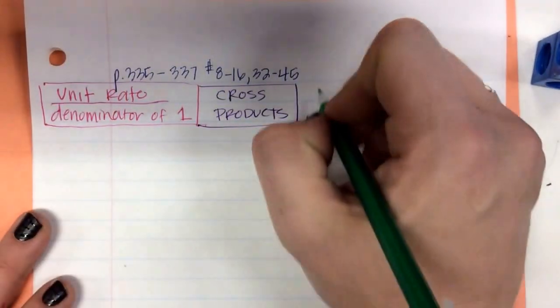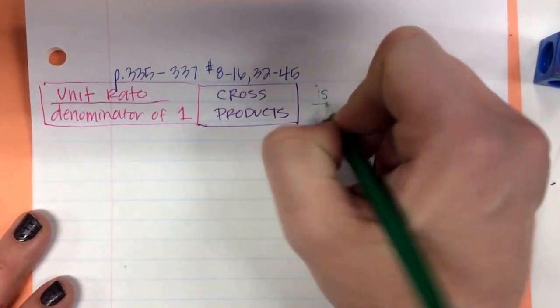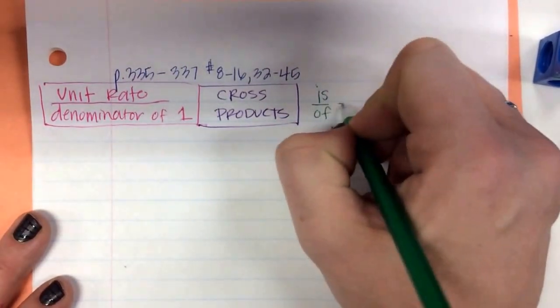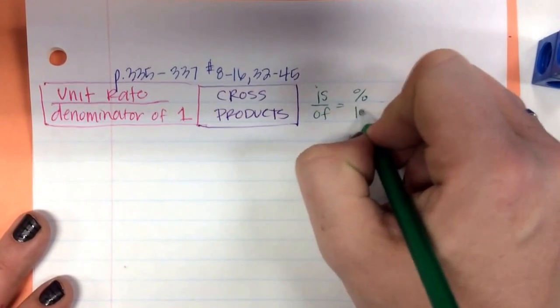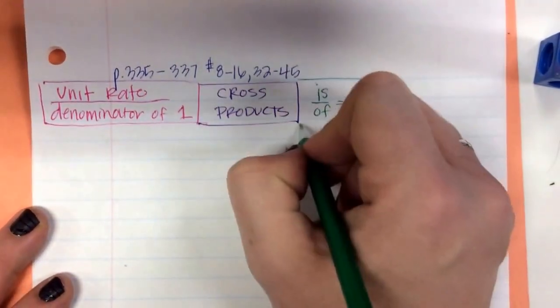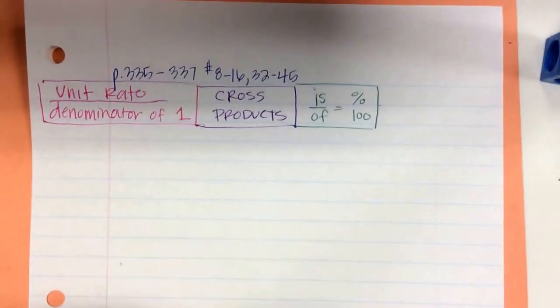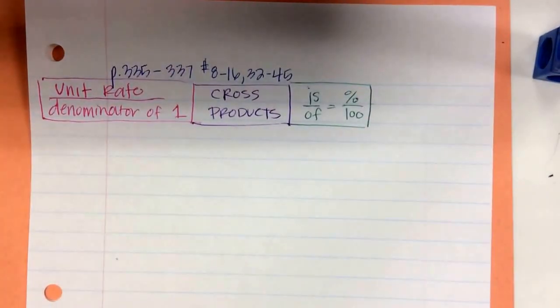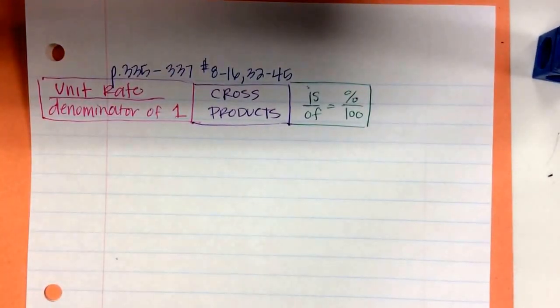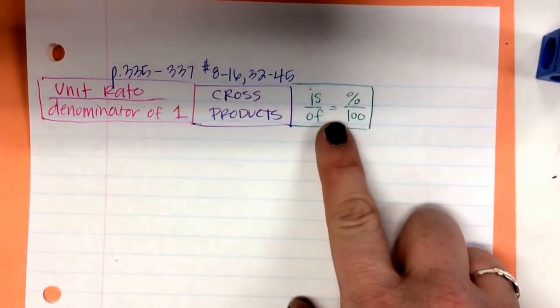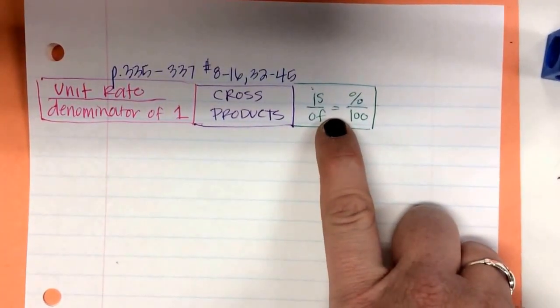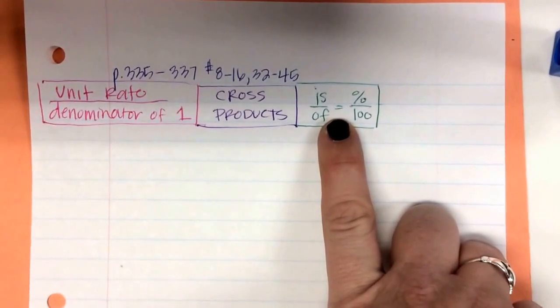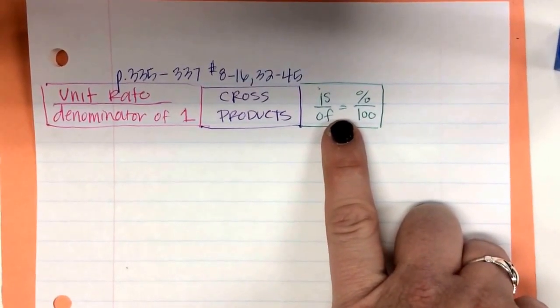The third thing you should remember is this may come in handy today: is over of equals percent over 100. This is to find any type of percent. Do you remember what those words mean in percent? Like, what does discount mean?